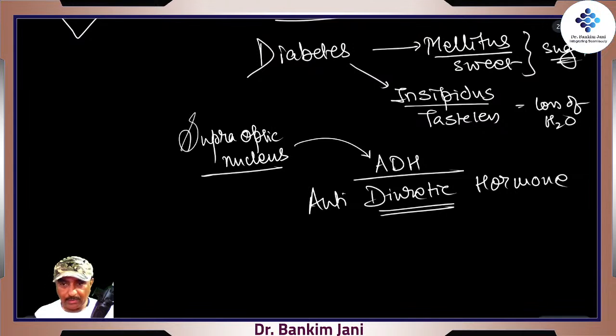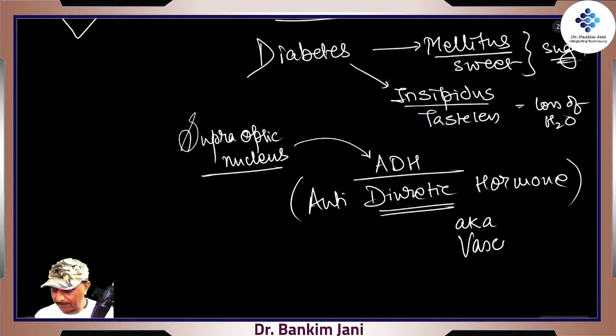So it would say, no, the body cannot keep on losing the water like this. It is this anti-diuretic hormone which will tell the kidneys, take this water back, it is needed. You can't just keep on throwing the water without any reason, right? This ADH, anti-diuretic hormone, is also known as vasopressin, right? It is also called vasopressin.